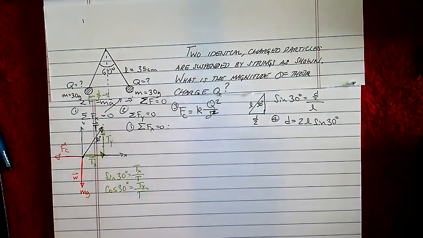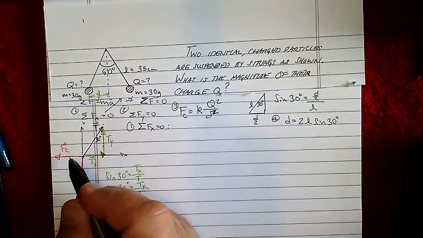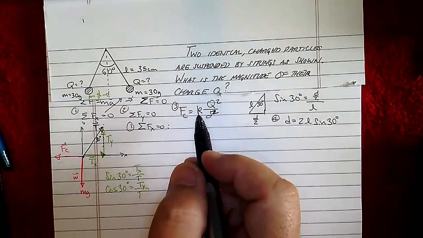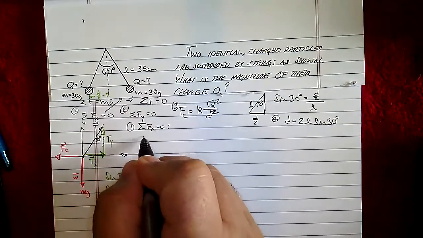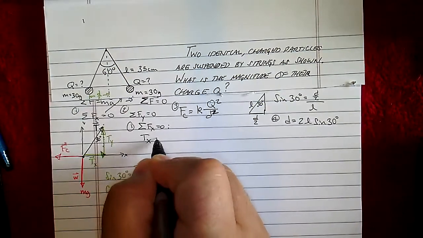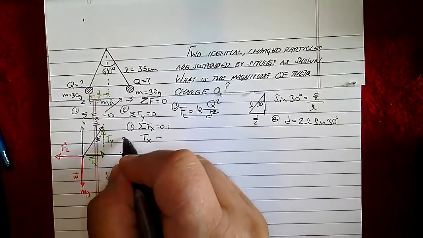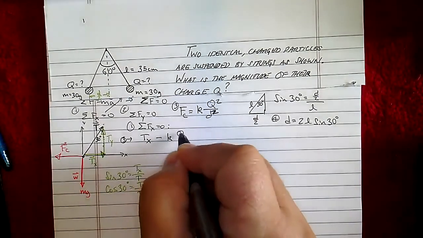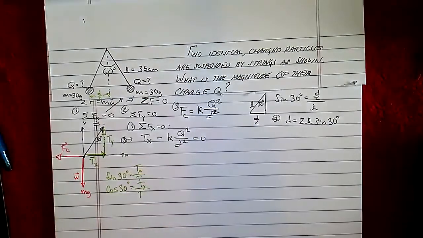So the summation of forces in the x direction, I only have Tx pointing in the positive direction and Fc pointing in the negative direction. And Fc is, of course, this. So I can actually put it in that way. I'll say Tx is positive, so Tx minus Fc, but here I'm going to use equation 3. So Fc is going to be kQ squared over d squared, equal to 0.